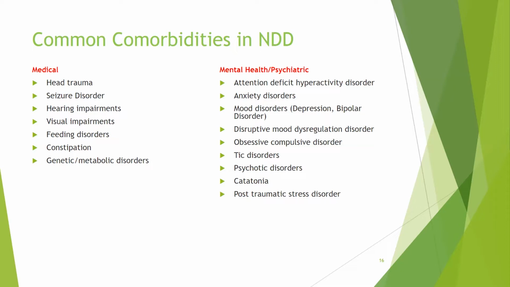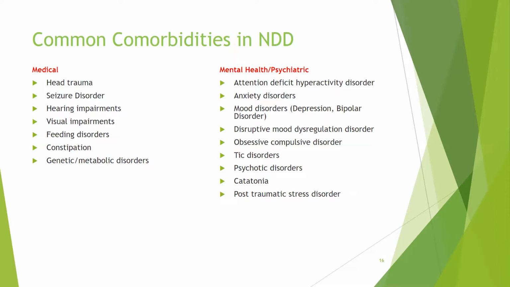And the mental health or psychiatric comorbidities may include the whole range of diagnoses, but more commonly ADHD, anxiety disorders, mood disorders, disruptive mood dysregulation disorder, OCD, tic disorders, psychotic disorders, catatonia, or PTSD. And just to clarify, comorbidity refers to occurrence of two or more conditions in an individual. Co-occurring disorders is another term that is used for comorbid conditions.